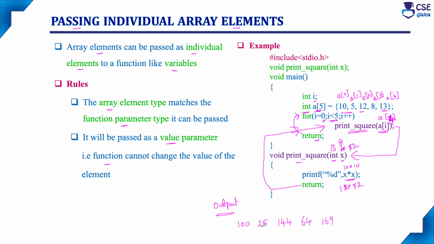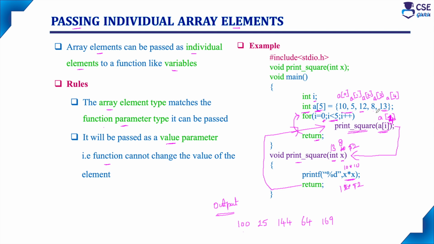Okay, so after printing the first element, control transfers back, and the next iteration of the for loop will execute. Again, in the next iteration, this user-defined function is called with the value in the next array position. That is fine. So likewise, in every iteration, the user-defined function is called, and only a single array element is passed to it.